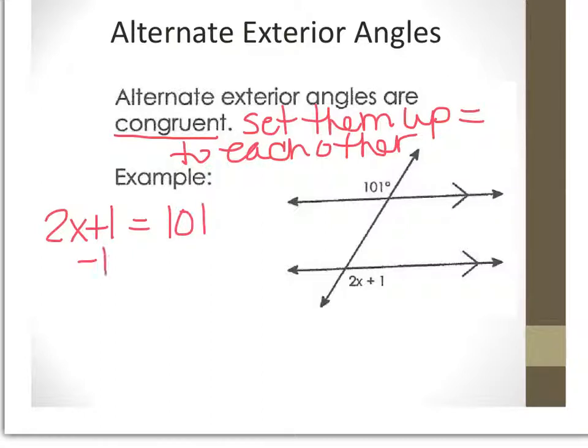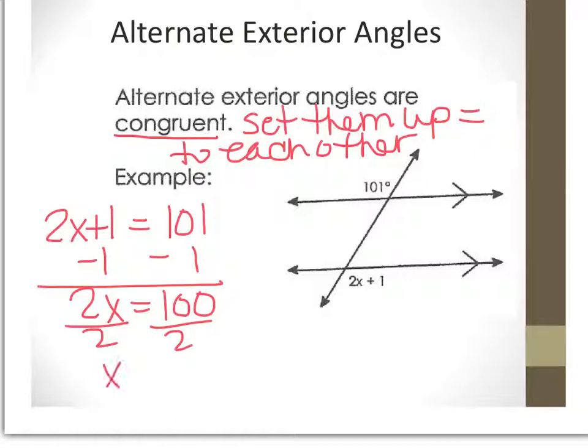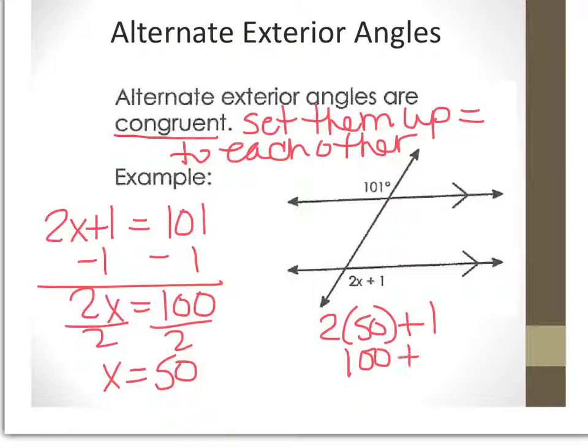Solve for x. We subtract 1 from both sides. So we have 2x equals 100. Now we divide by 2 on both sides. X equals 50. So now if we go over here, we're going to say 2 times 50 plus 1. That's 100 plus 1, which gives us our 101.